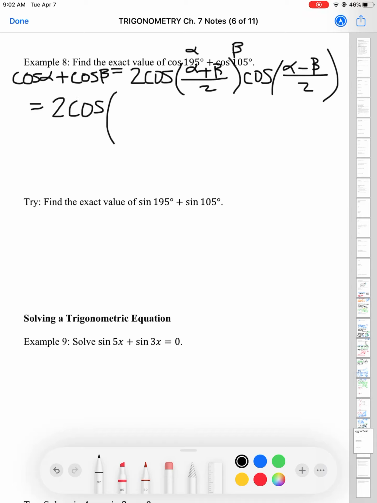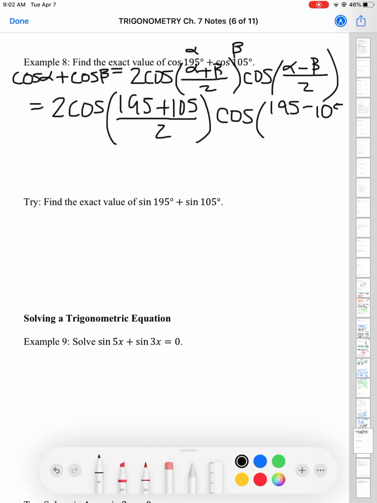So we've got 2 times cosine of 195 plus 105 divided by 2, times cosine of 195 minus 105 divided by 2.